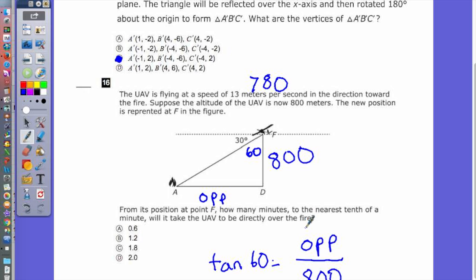Somebody in one of the classes yesterday said, Mrs. Falk, I don't remember what to do when we set these up. So it's tangent of 60, and I'm just going to leave that in the calculator times 800, and I get 1,385.64.